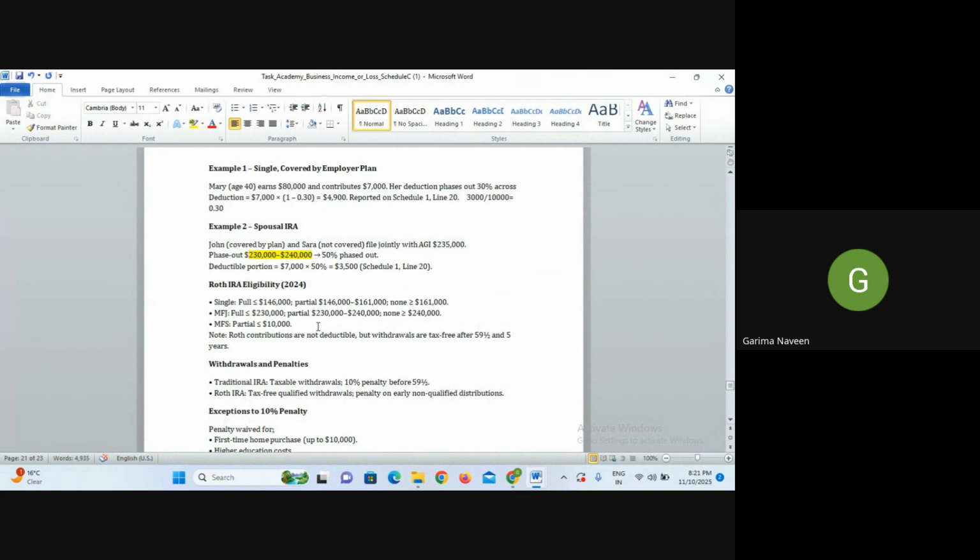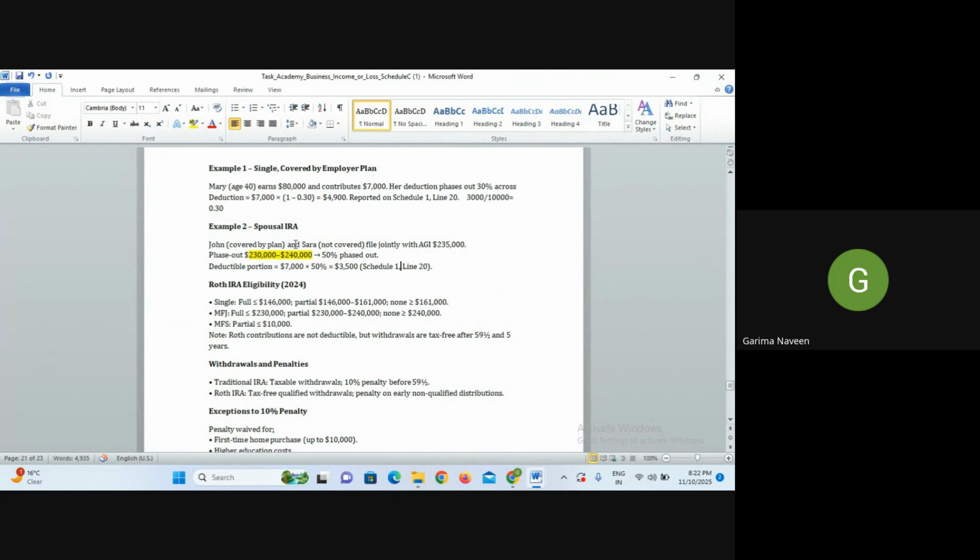So in REG, they will ask you some basics about this IRA. Okay. So John covered by a plan and Sarah not covered means John already has an employer sponsored plan, and now both of them are contributing to some IRA.